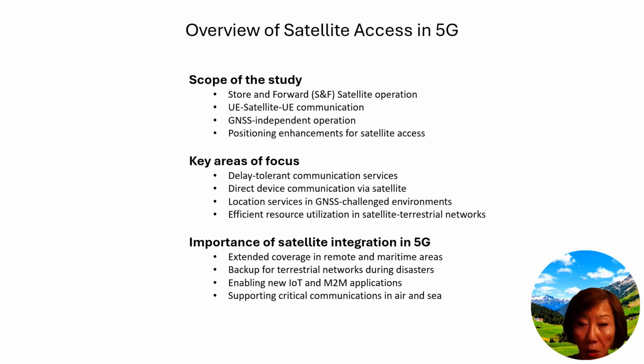It also supports critical communications for industries like aviation, maritime transport, and emergency services, ensuring connectivity where it is most needed. As we progress through this presentation, we'll explore how these aspects come together to create a more robust, versatile, and globally accessible 5G ecosystem.